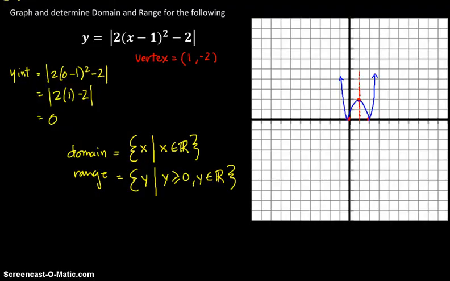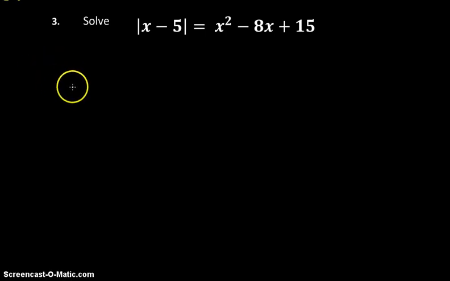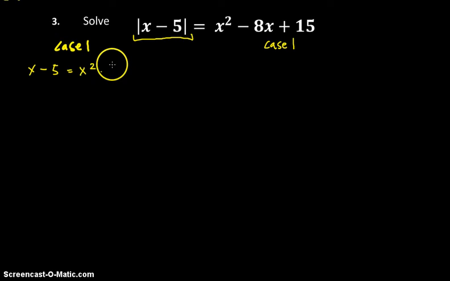On to the last one. Not a lot of time, so we're going to go quick. The deal is that for any solving, I've got two cases. Any time I'm solving these, I know that this section here can be either what I see, in other words x minus 5, equal to the whole thing, or it's going to be the negative of it, just like when I write the piecewise function.